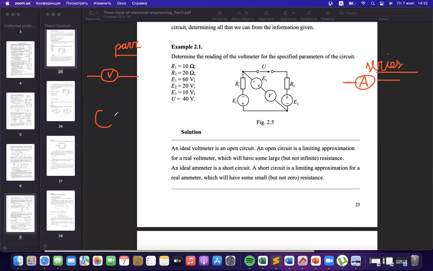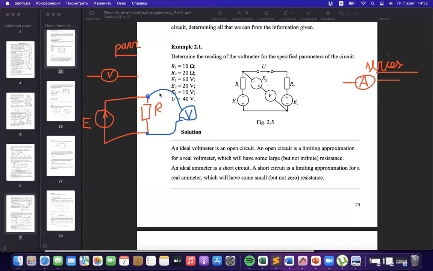That is why if you have some source of energy, for example, only one, and resistivity as a consumption, if you want to measure the voltage on this resistivity, you apply voltmeter in parallel to this resistivity.